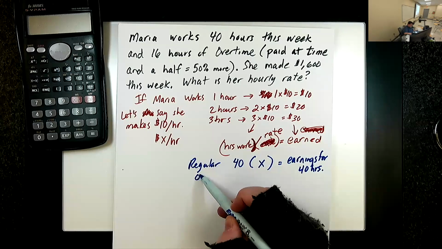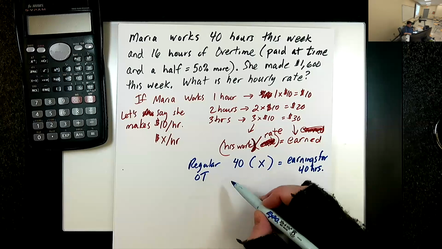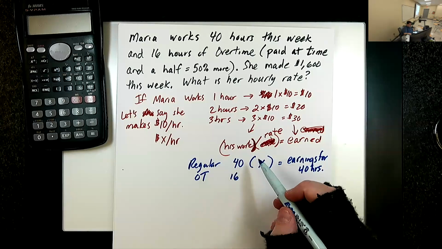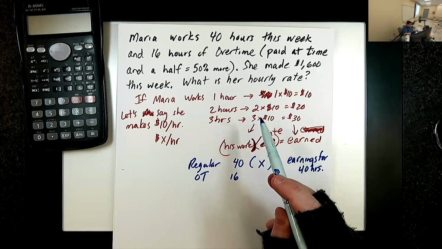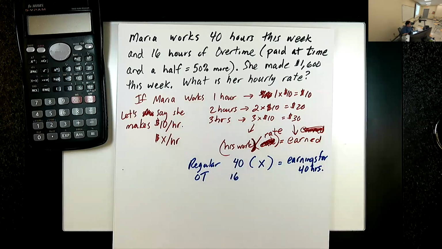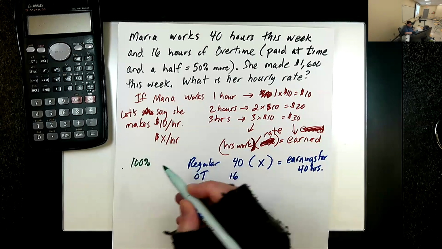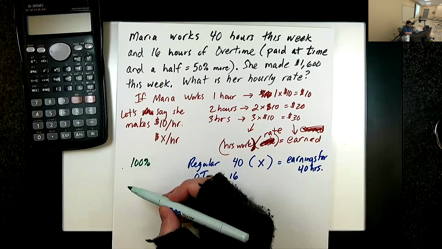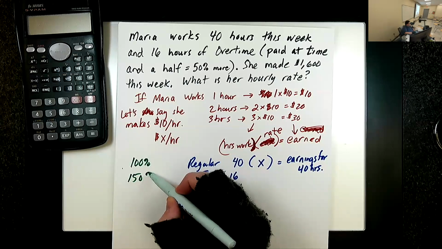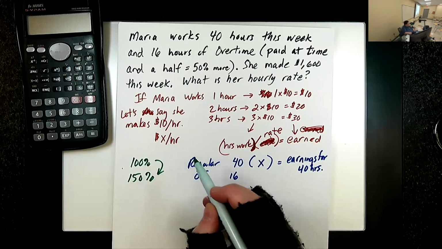Now the overtime, she had 16 hours. And she's going to get 50% more an hour. Well, how do we incorporate the 50%? Normally you make like 100% an hour, right? 100% of your rate you make an hour. She's making 50% more. 50% more would be 150%. Does that make sense as overtime?